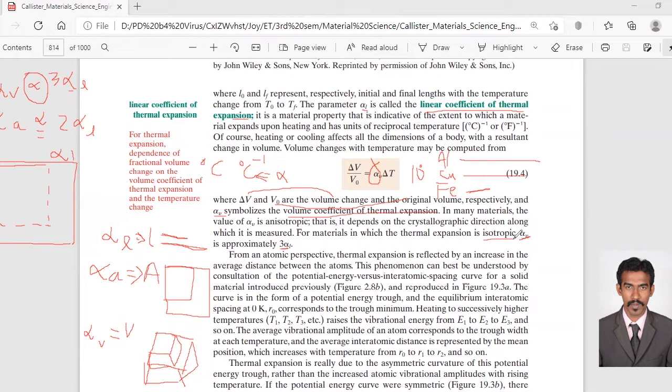I can explain the same way for volume change. Volume means that along with this area I will have a thickness. Say this is my initial material, and when you heat it, the length will increase like this, and I end up with a material like this.